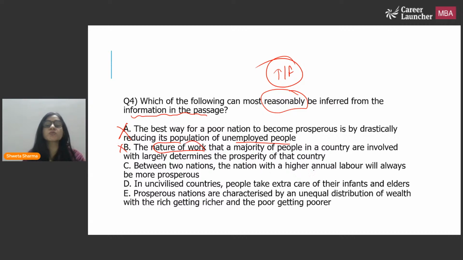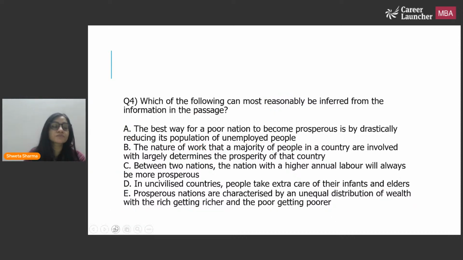Between two nations, nations with a higher annual labor will always be most prosperous. In uncivilized countries, people take extra care of their infants. It's rather the opposite. Prosperous nations are characterized by an equal distribution of wealth, with the rich getting richer and poor getting poorer. Can we say the poor people are also getting poorer here? Not really.